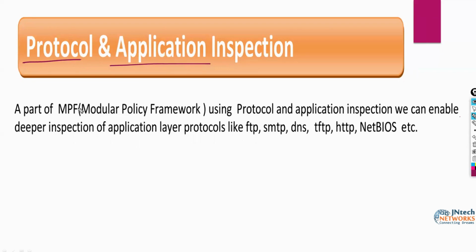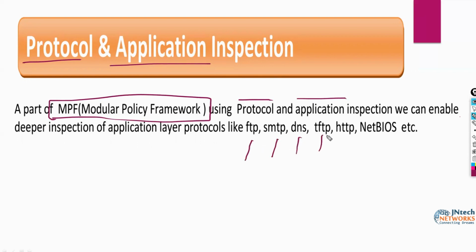In Cisco ASA we have a concept called modular policy framework. This is called deep packet inspection. Using MPF, you can inspect protocols and applications like FTP, SMTP, DNS, HTTP, NetBIOS. So your firewall can inspect these applications.